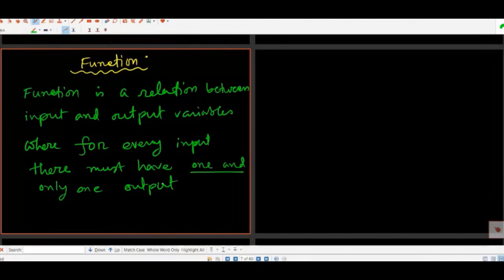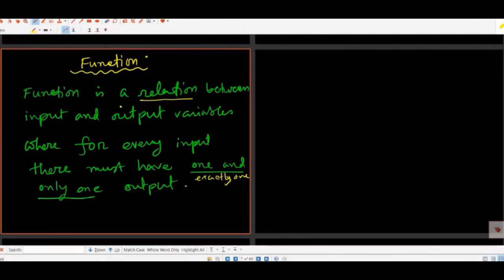So one and only one is also treated as exactly one. So function is a relation between input and output variables where for every input there must be one and only one output. So now the term that is coming to our mind, what is relation?